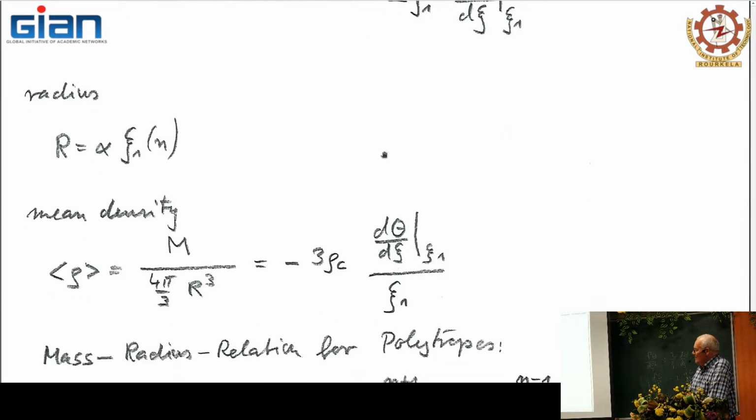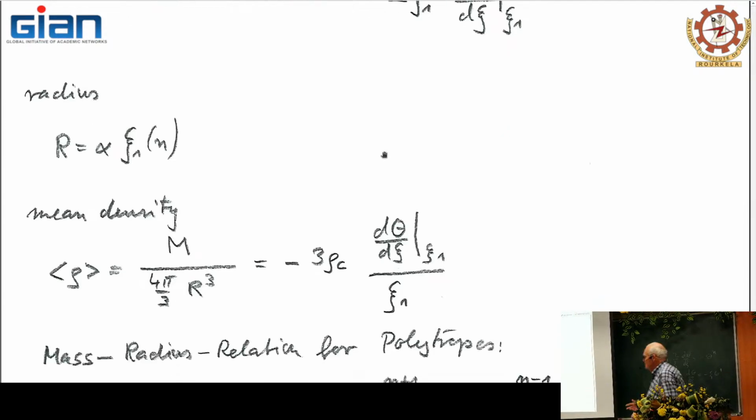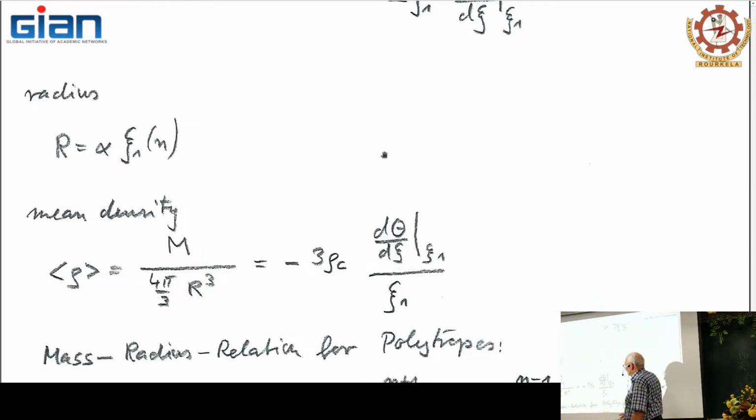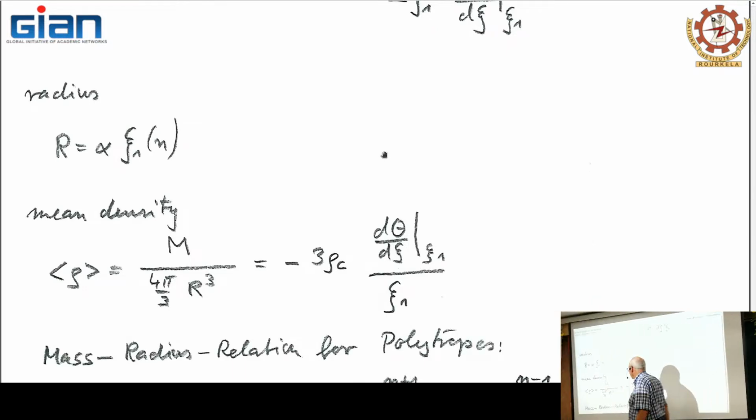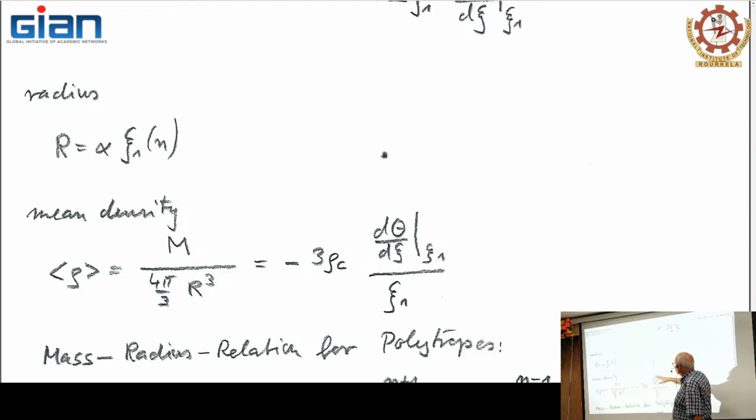The mean density, which is simply the mass over the volume of our star, can then be written in terms of the central density.